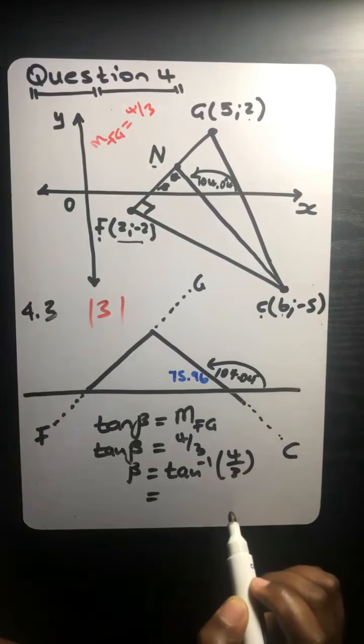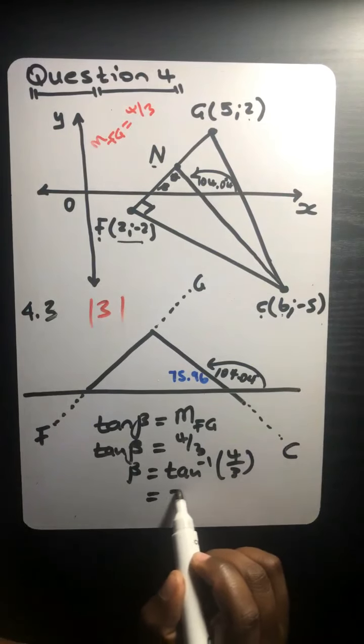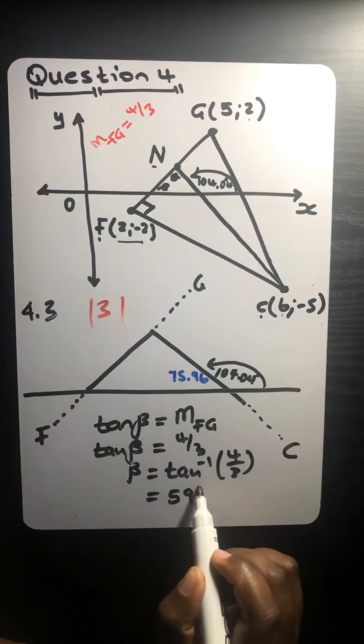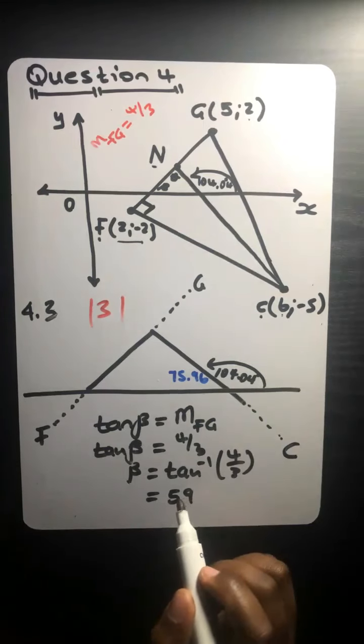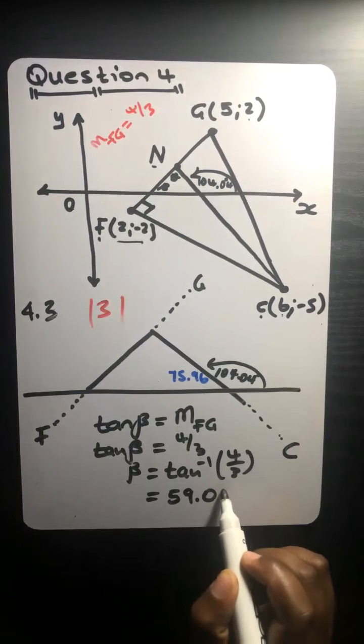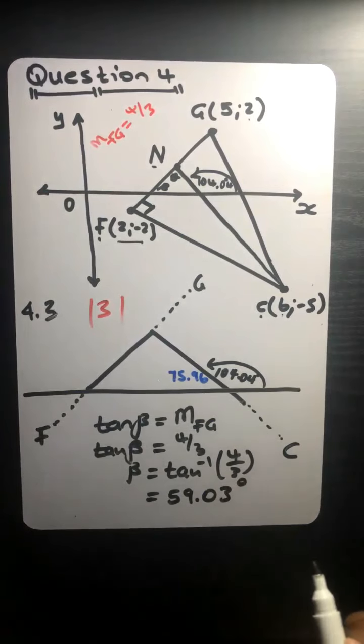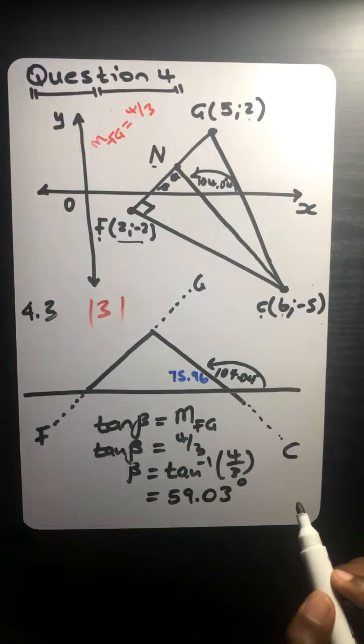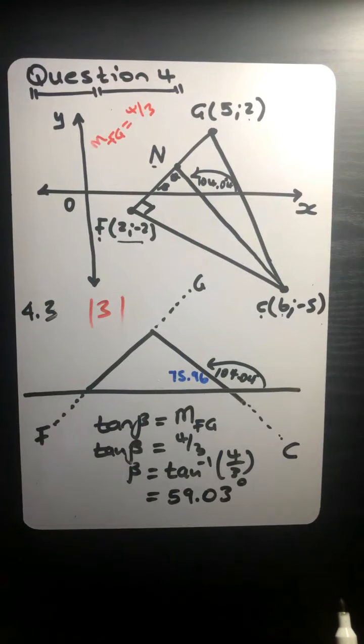So we can find the inverse tan of that gradient. What is that, guys? 59, sir. Someone says 59. Is it exactly 59 with no decimal? It's 59,03, sir. Remember, guys, that decimal is very, very important.